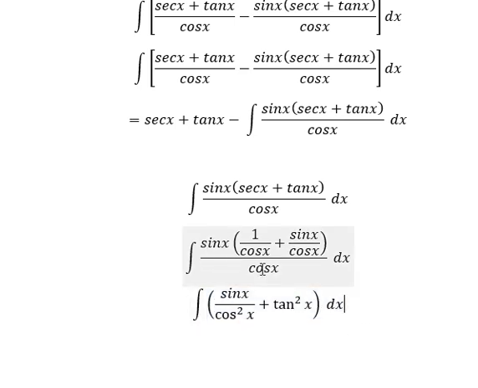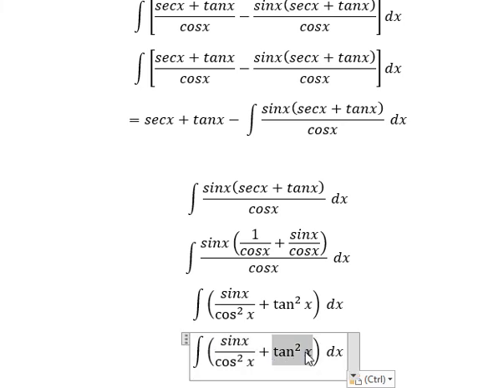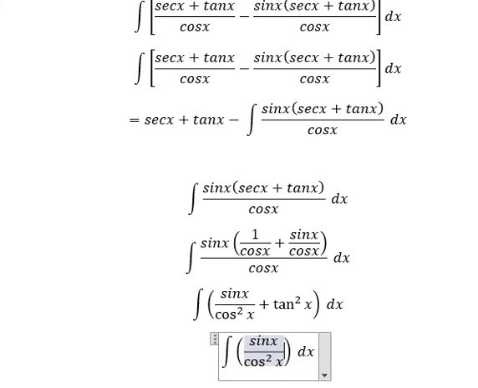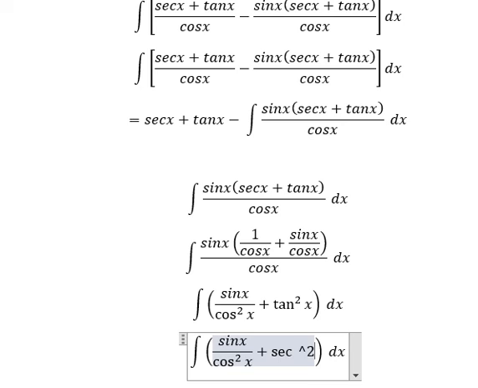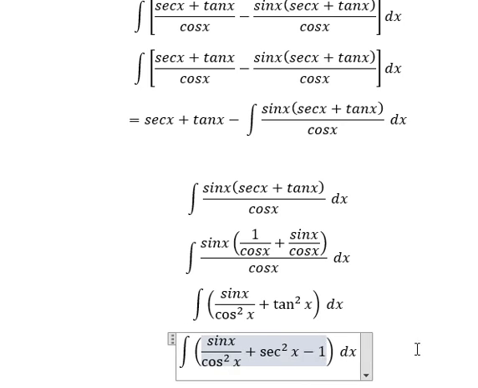Because sine s over cosine s is tan s. And this one we have secant of s squared minus 1.